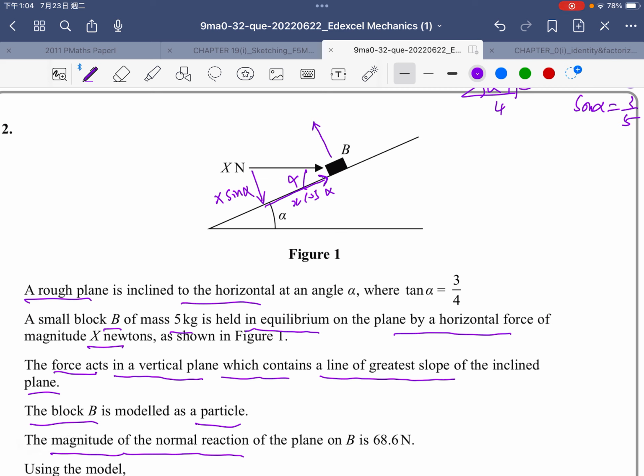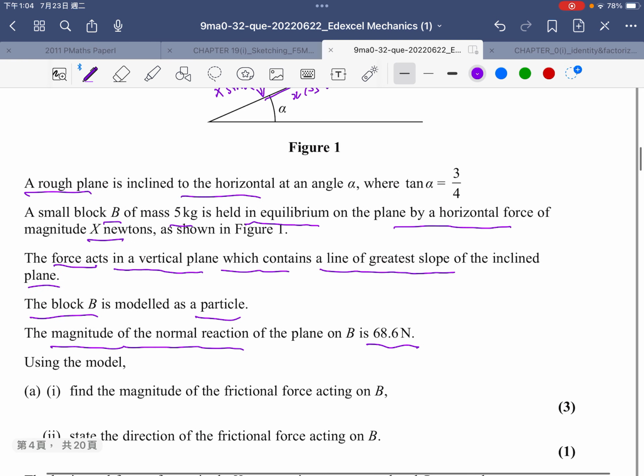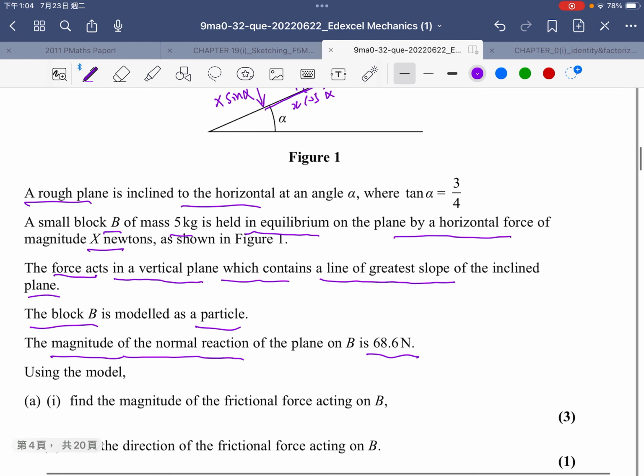Here the normal reaction is 68.6 newtons. This force can also be decomposed into two directions, for this particle B.